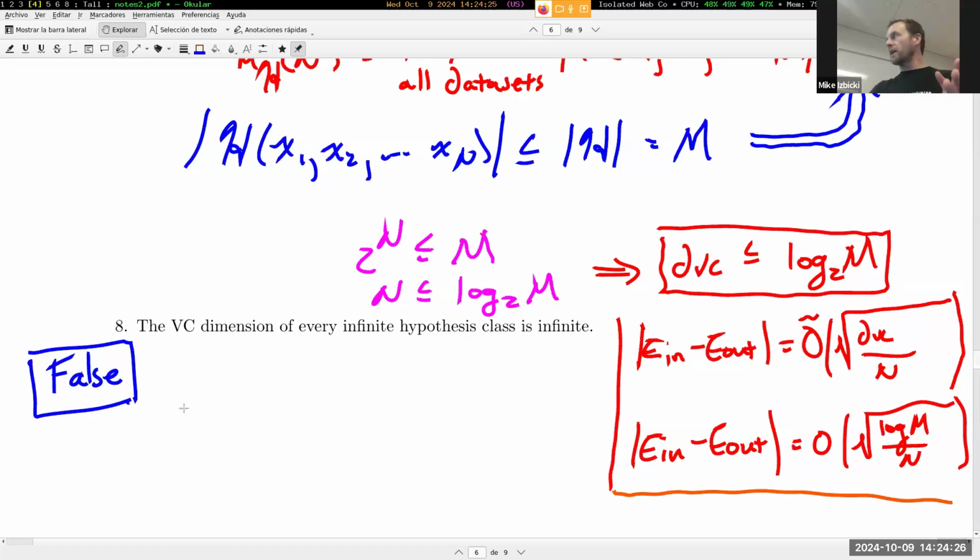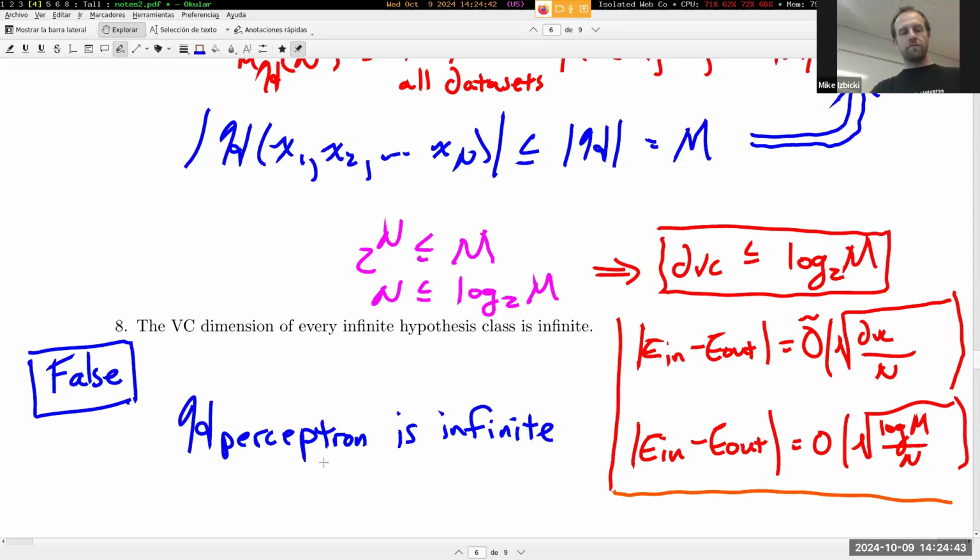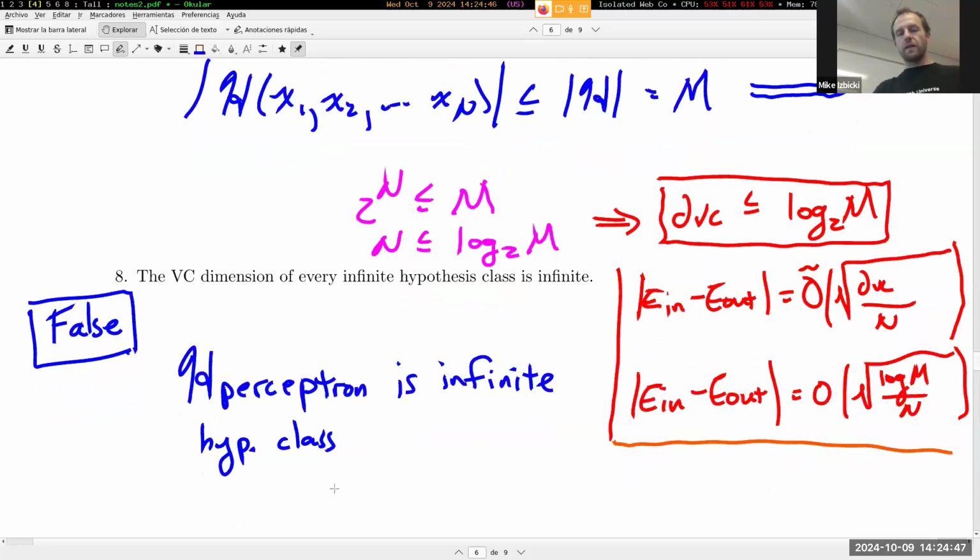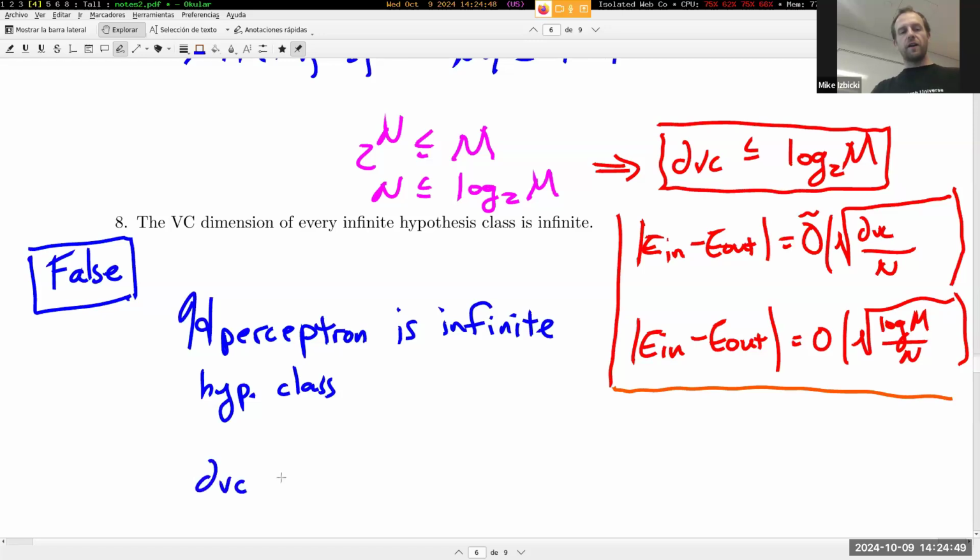The actual concrete counterexample, the way that you would explain this, is to provide the counterexample. And here we have the perceptron. H perceptron is an infinite hypothesis class, but the DVC is finite.